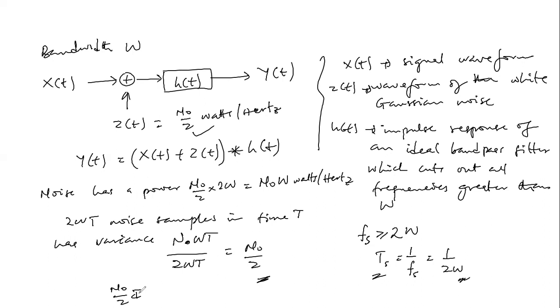So if the channel is used over the time interval between 0 and T, then what will be the energy of the signal? So the energy per sample will be given as PT divided by 2WT, which is the same as P over 2W.